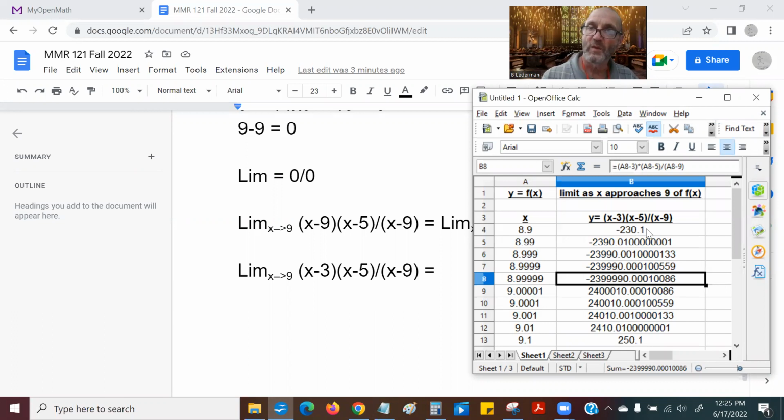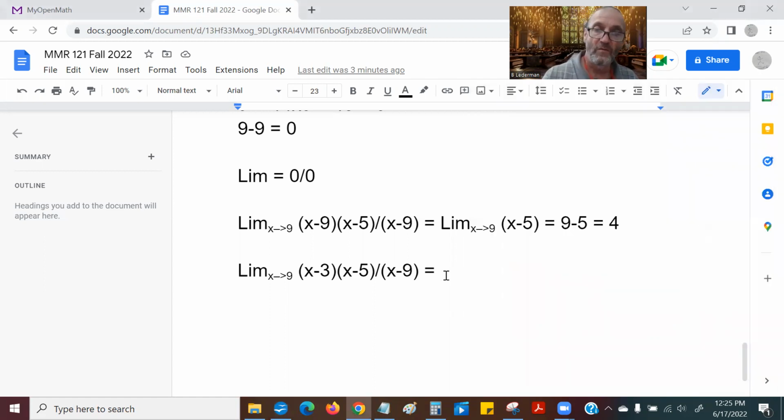Notice that as we get close to 9 on the negative side, it becomes a bigger and bigger negative number. It's actually heading towards negative infinity. When we come close to 9 on the positive side, it becomes positive infinity. So the overall limit here does not exist.